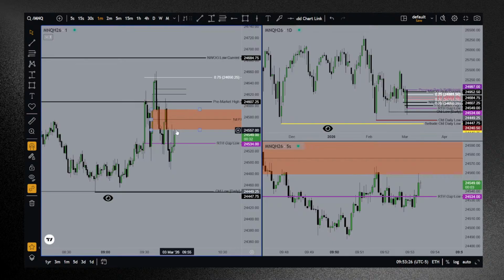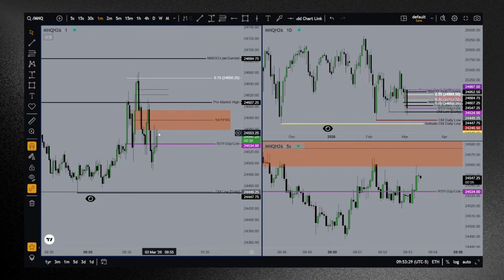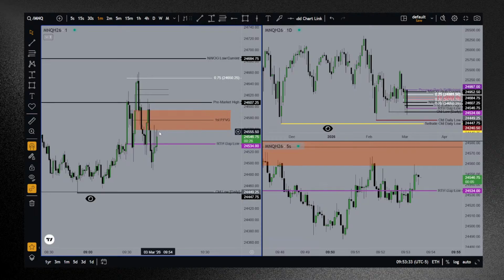Alright, another touch to the low of the first presentation. Still waiting for the displacement lower.